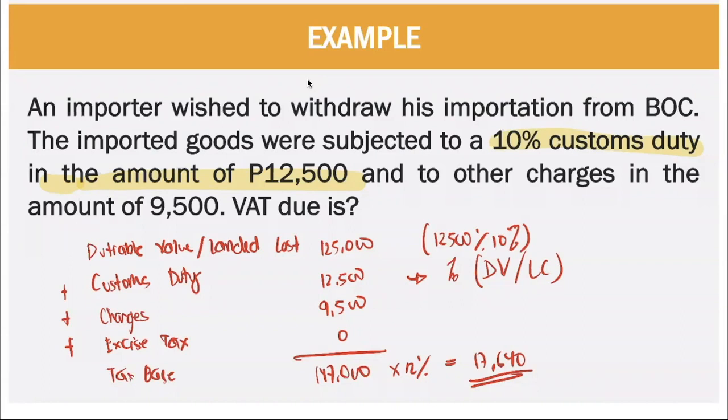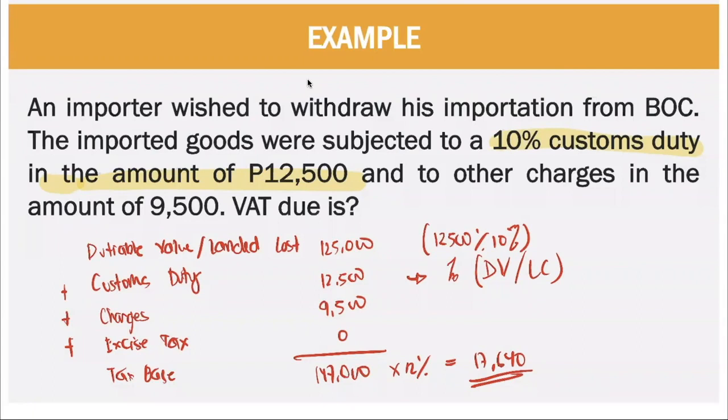What else? Importation of your newspapers, magazines, if you still remember. Another, importation of international shipping fuel, goods, and supplies. So those importations, I did not mention all the importations, just a quick recap of which transactions on importation are exempt. Okay?